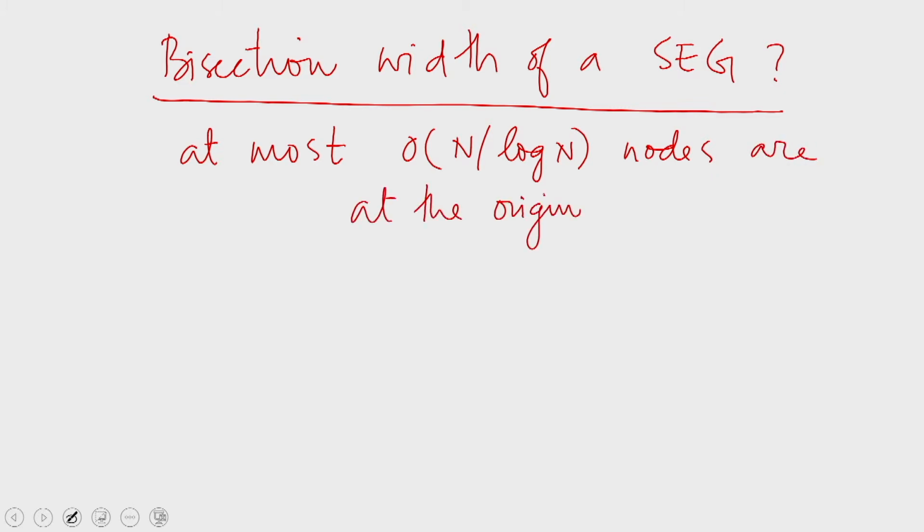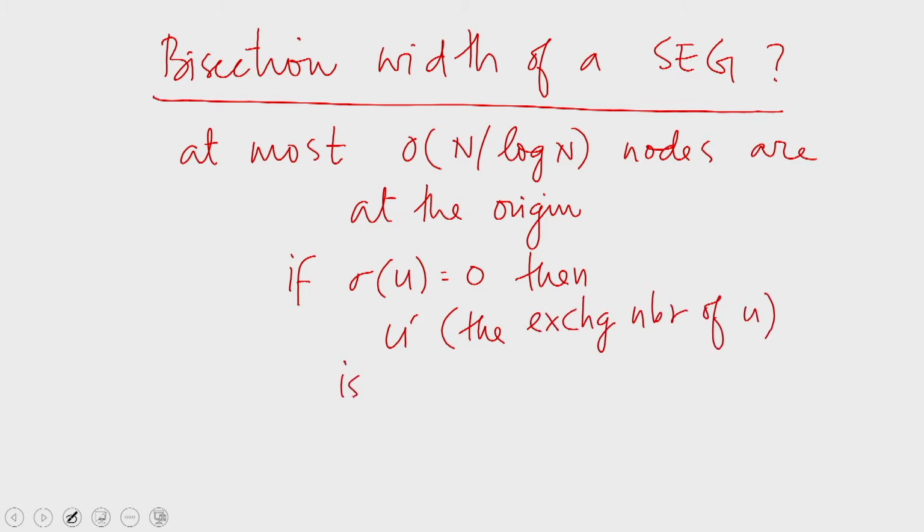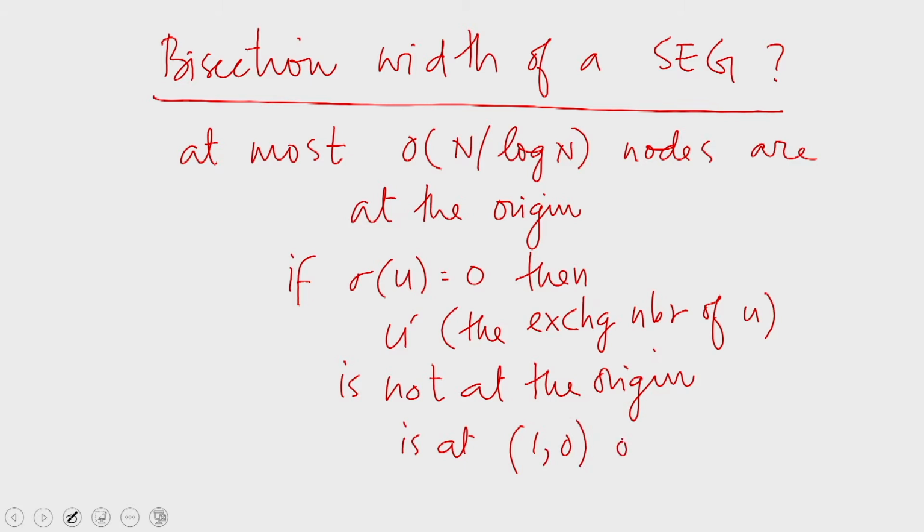This is because if sigma of u equals 0, that is u is mapped to the origin, then u prime, the exchange neighbor of u, is not at the origin. It will have to be at either 1 0 or minus 1 0, because an exchange edge is of length 1 and is parallel to the real axis. Therefore, u prime will be mapping either to 1 0 or minus 1 0. In that case, there is a full necklace containing u prime.